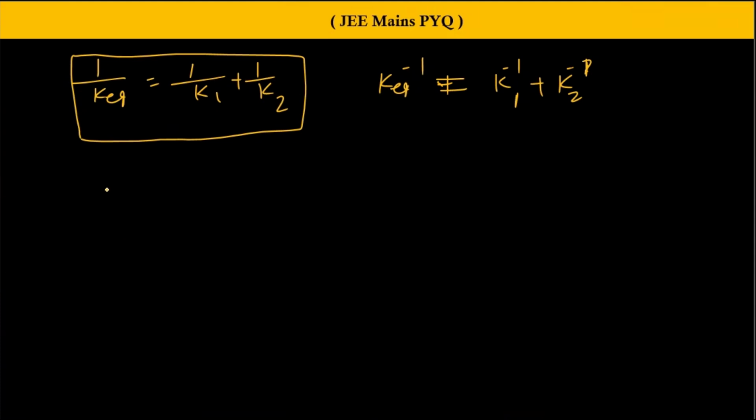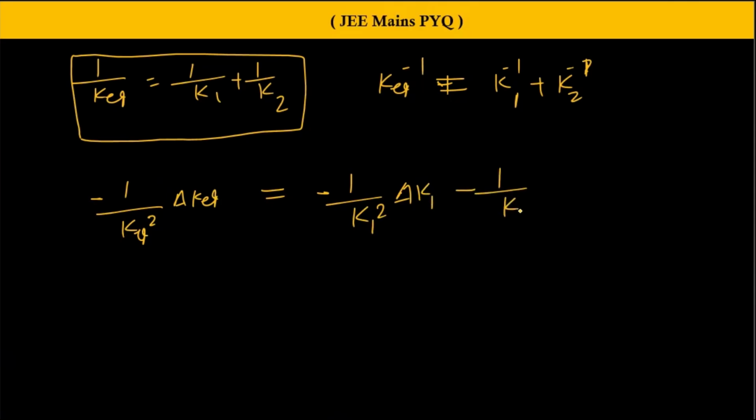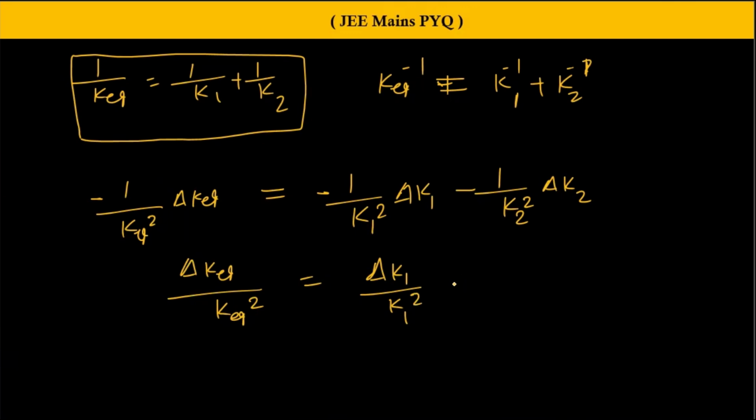This is how you do partial differentiation. -1/k1 squared delta k1, -1/k2 squared delta k2. Okay, so this is how you will write: delta k equivalent by k equivalent squared is equal to delta k1 by k1 squared plus delta k2 by k2 squared.